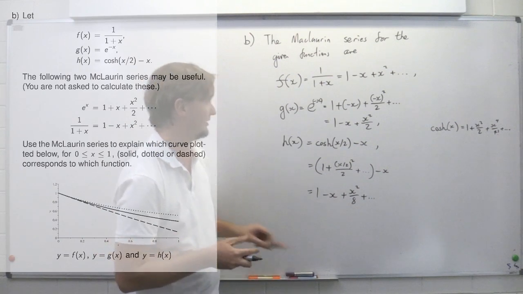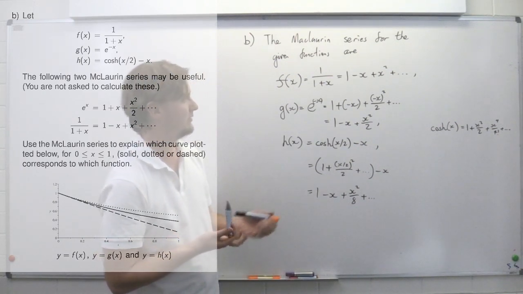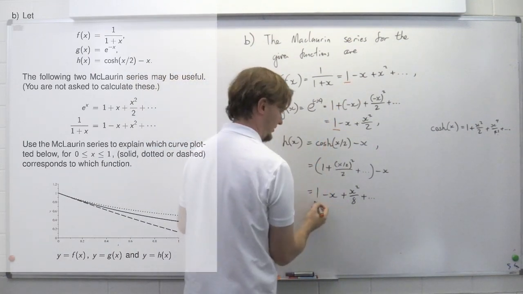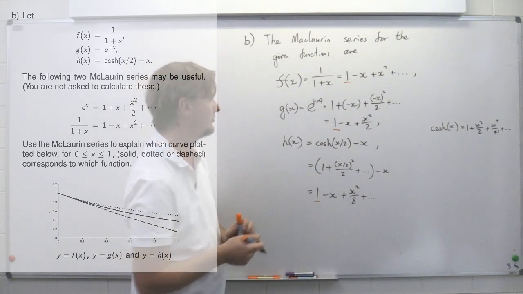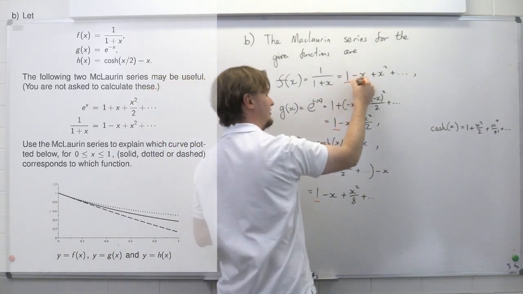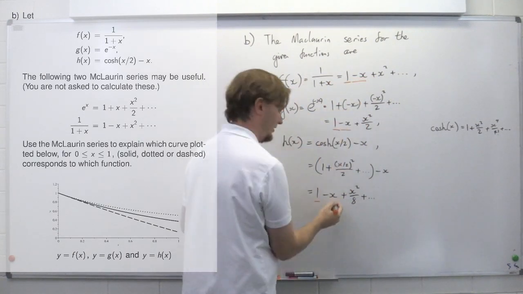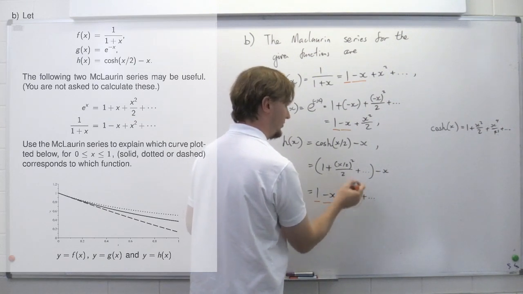What's nice about this is that these functions are very similar for small values of x. They all start at 1 when x equals 0, and they all have this nice correction term of a minus x, so they're going to have the same slope. What really distinguishes them is this term here.